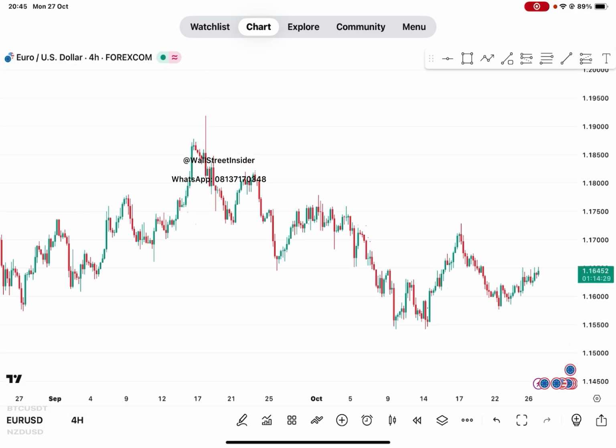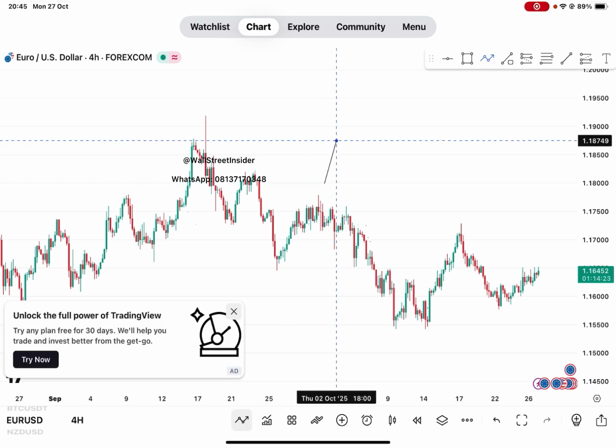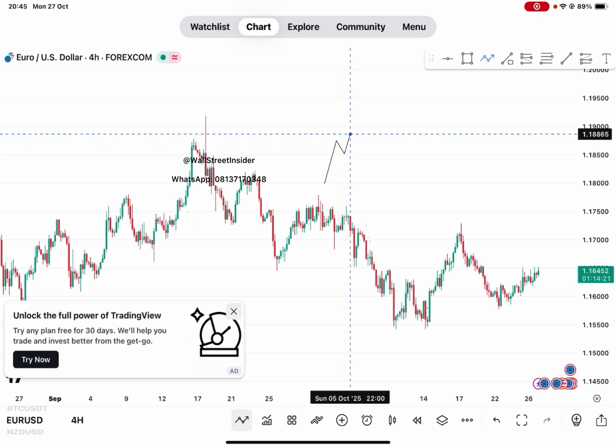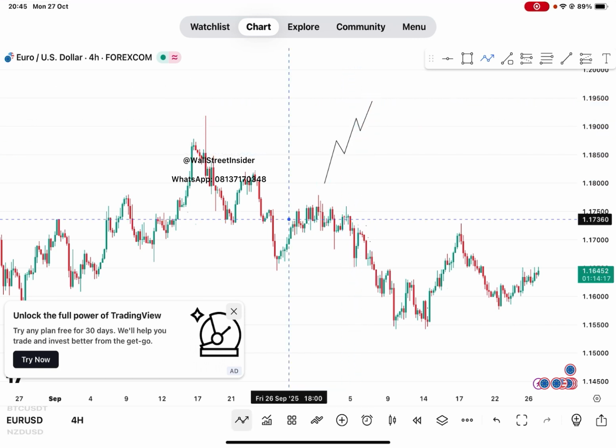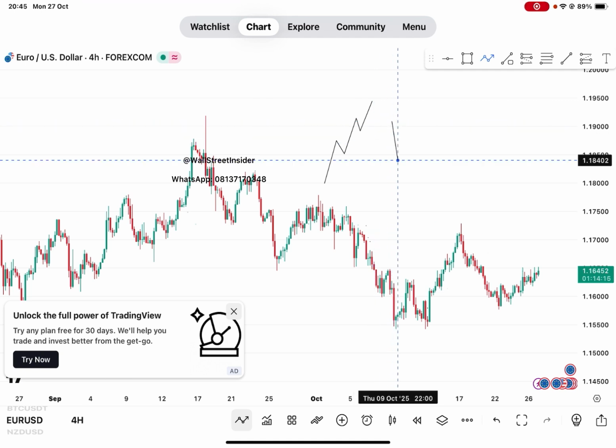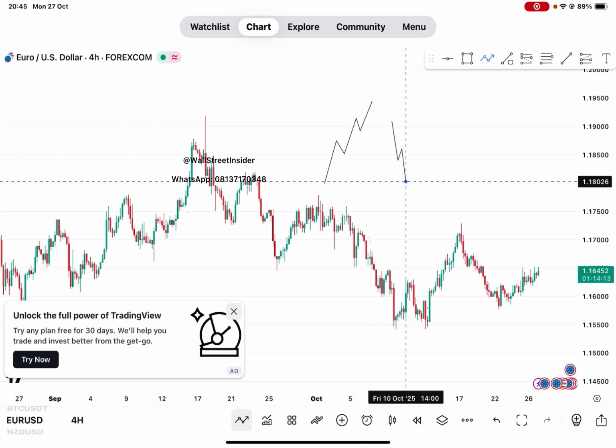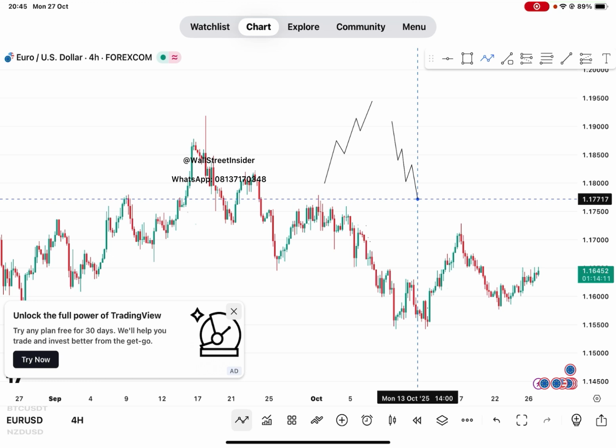Now, since I have my 4 hour time frame, you can see the price has been going bullish, bearish, because in the market you always see a bullish move, a bearish move, a bullish move, a bearish move. Or you are going to see a bearish move, a bullish move, a bearish move, a bullish move.